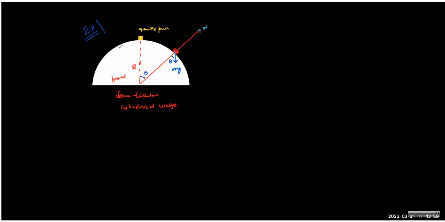Cos inverse 2/3. Yes, again because the angle is from the vertical. But I didn't ask for cos inverse 2/3; that is the angle where the normal will be zero. I asked for the normal. So normal is how much? Sir, just a second, I got it. That's the right answer. That was the next question.